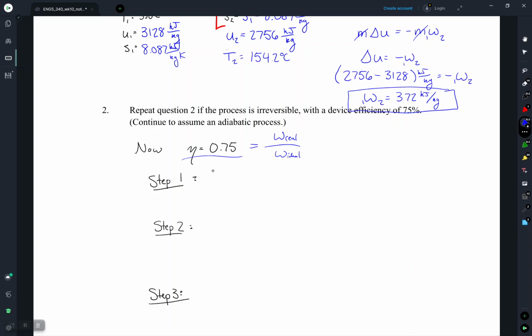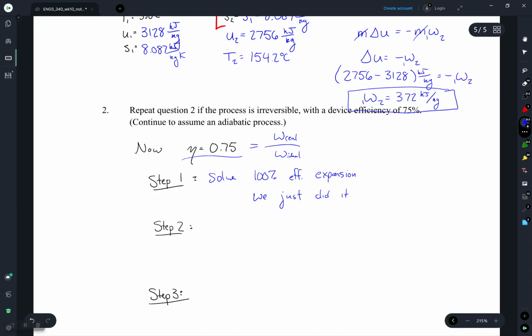We do the same steps. So step 1 is solve the 100% efficiency. The good news is we just did this. It's right up there. So W12 ideal is equal to 372 kilojoules per kilogram.